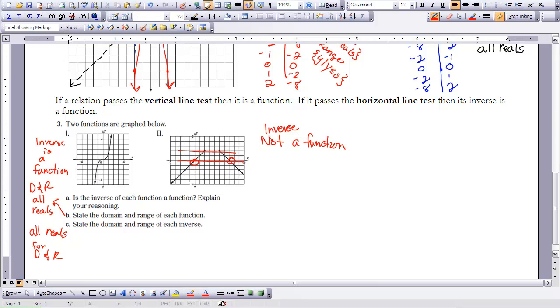And then state the domain and range of each function. So the domain of this function appears to be all reals, and the range appears to be values for y such that y is less than or equal to 2.